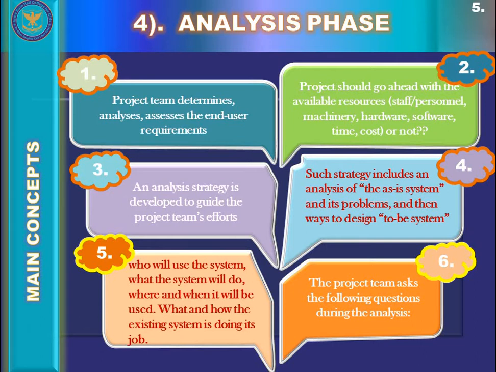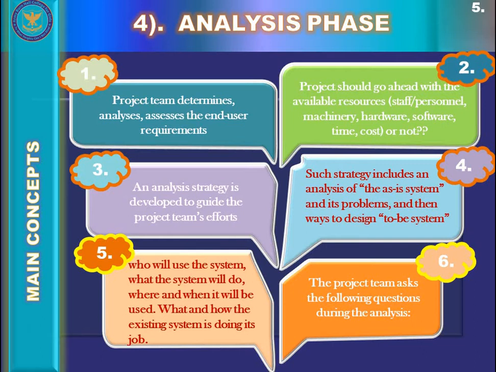Such a strategy usually includes an analysis of the current system. As I told you earlier, the existing system which is already working, already installed inside the customer's organization, would be monitored and analyzed. Such a strategy usually includes an analysis of the current or existing system, also called the as-is system.